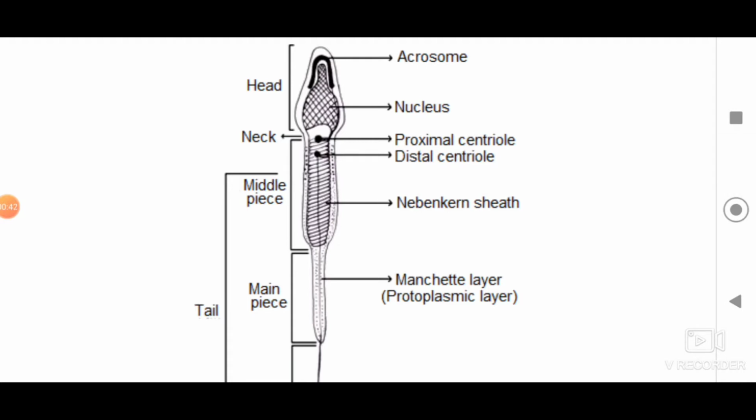So in today's session we are specifically going to concentrate on the structure of human sperm. My dear friends, the first and most important aspect you need to remember is that for one ejaculation, 300 to 500 million sperms are released in the case of an adult man.